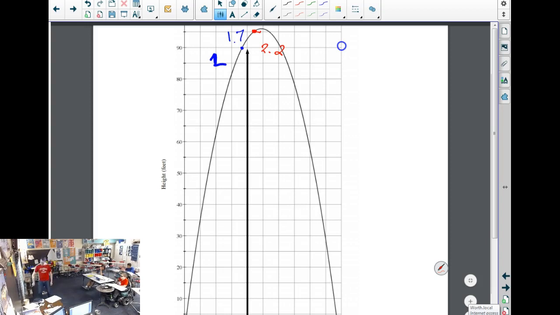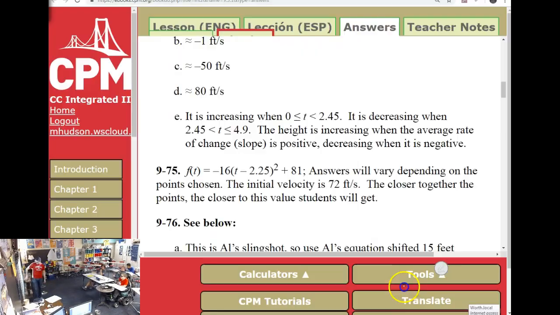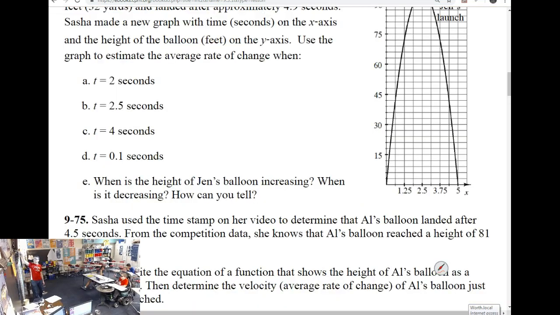So then, what if we go to try to answer 2.5 seconds? It's like practically zero. Now, I agree, but let's use our brain power.